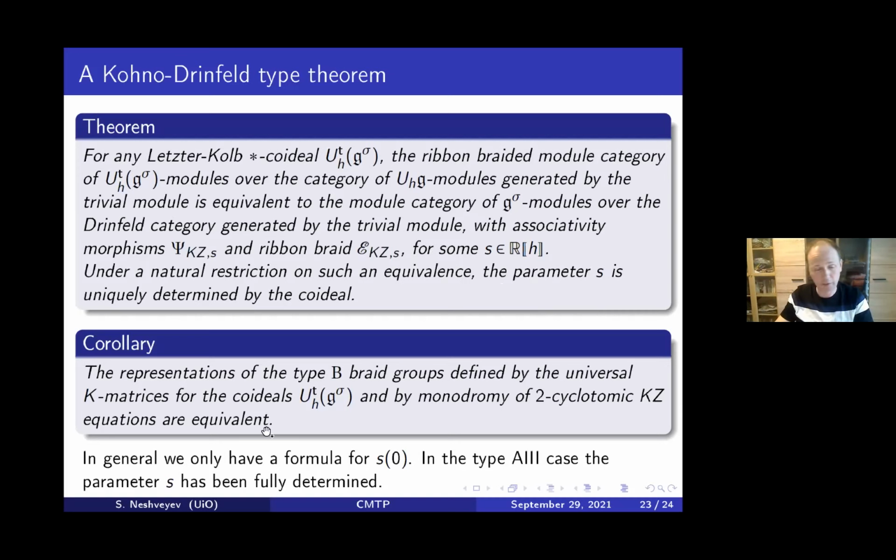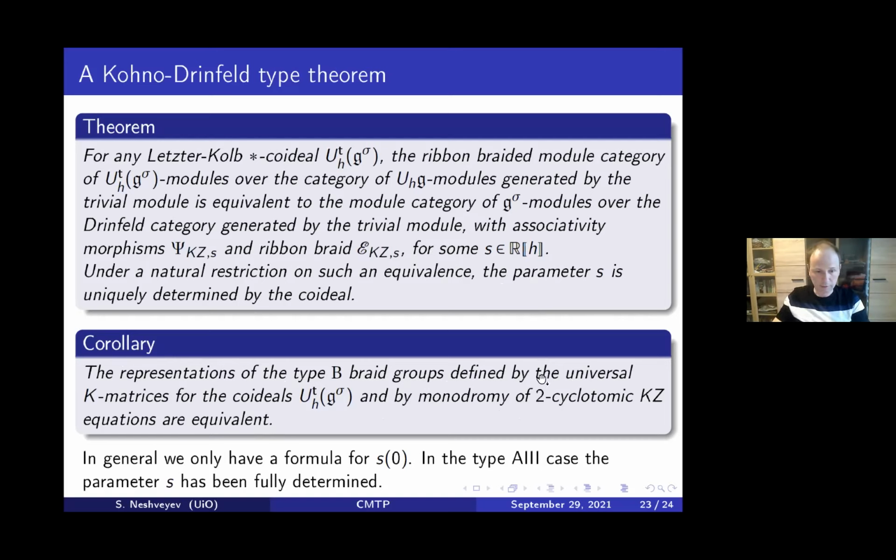And as a result, we have this analog of the Kohno-Drinfeld theorem that you have two types of representations of type B braid groups. One defined by this universal K matrices defined by Balagovic for Letzter coideals. On the other hand, you have monodromy representation defined by these two cyclotomic KZ equations. And these two representations are equivalent.